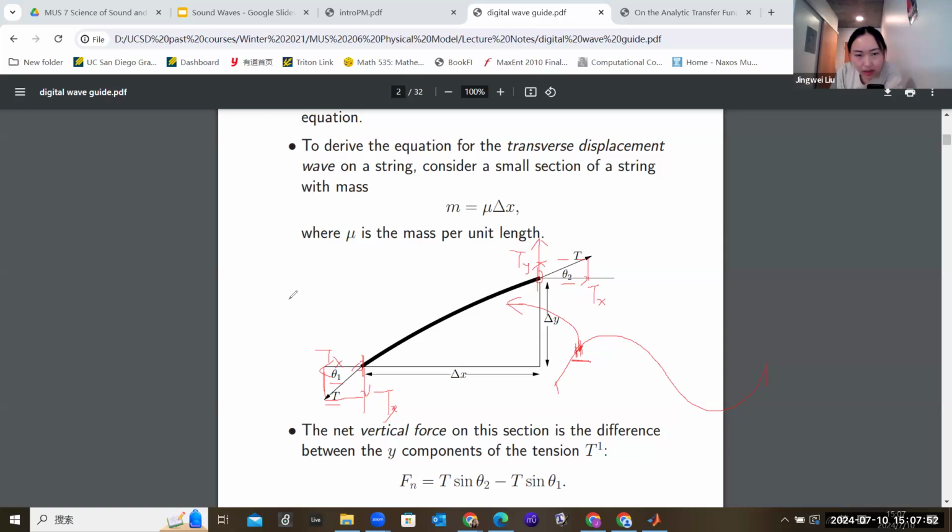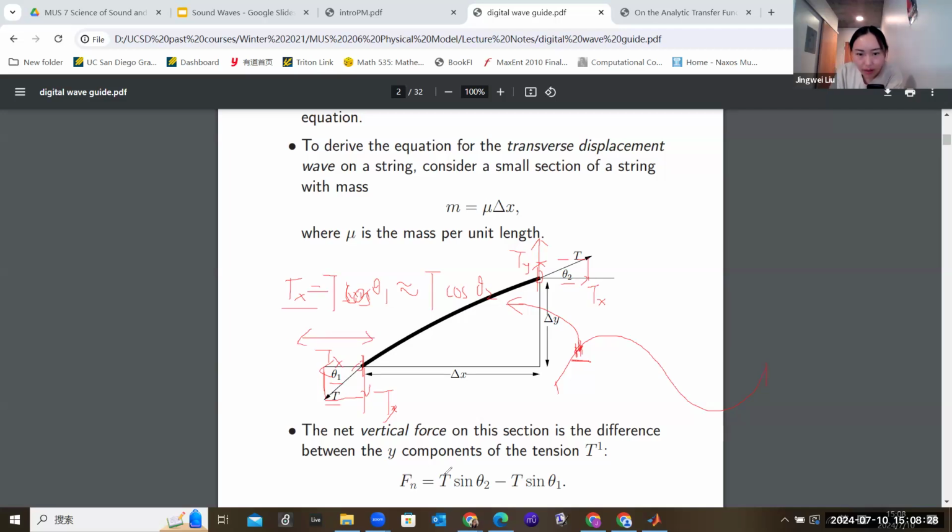Therefore, we see Tx, which is T cosine theta 1, approximately equals T cosine theta 2. This is for the horizontal direction, so they offset each other.